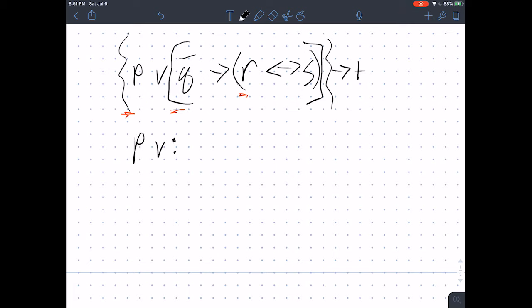P, Q, R if and only if S, then T. Okay, and this is kind of the minimalist way of doing this without stuff on both sides.